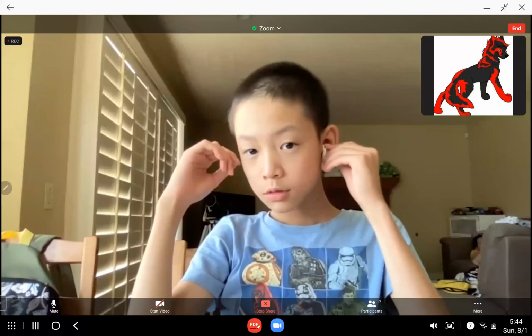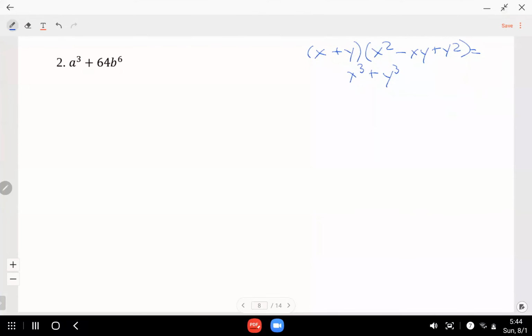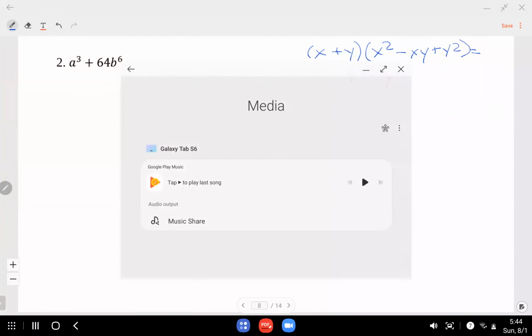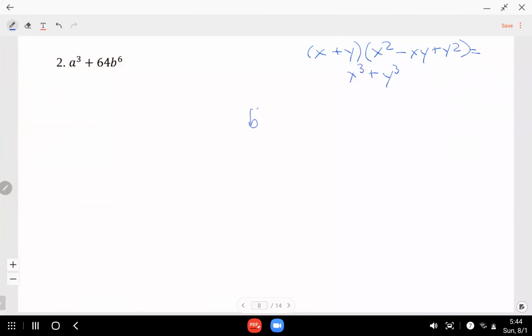Now, if you don't know, because I think a lot of people got confused because it's b to the sixth, right? But what is b to the sixth exactly? It is b squared to the third, right? That's what it is. So it's basically a cubed plus 4b squared cubed. Okay?